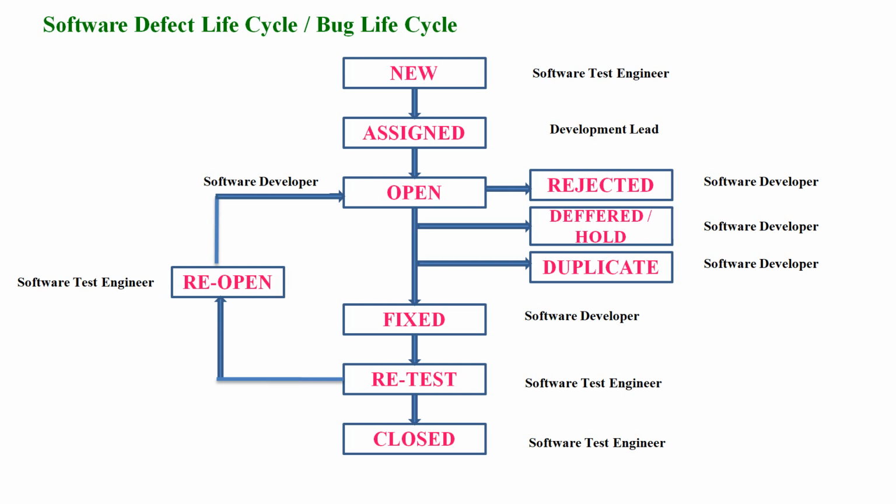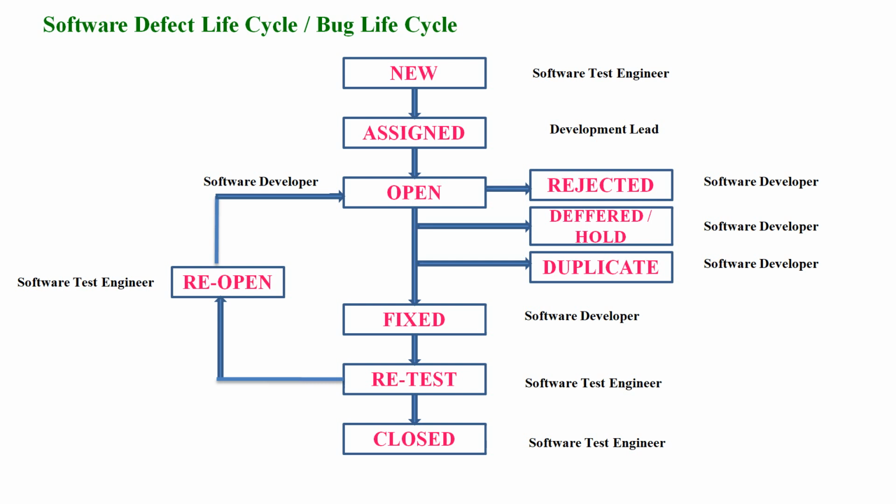See, these are all the different statuses: new, assigned, open, fixed, retest, closed, reopened, rejected, deferred, duplicate. These are all different statuses of the defect in the defect life cycle. Right? The concerned software developer will assign the status as open.